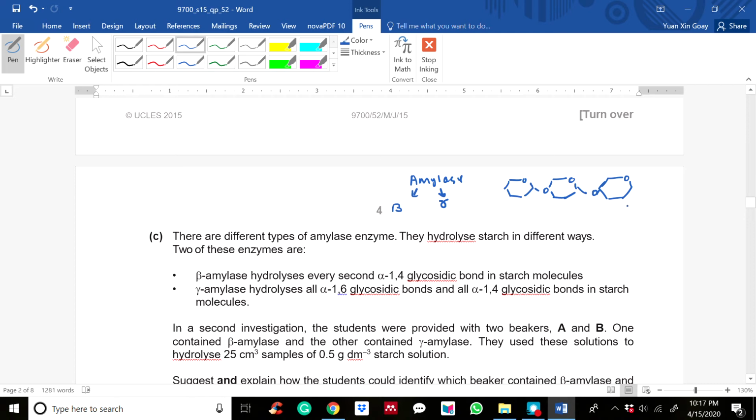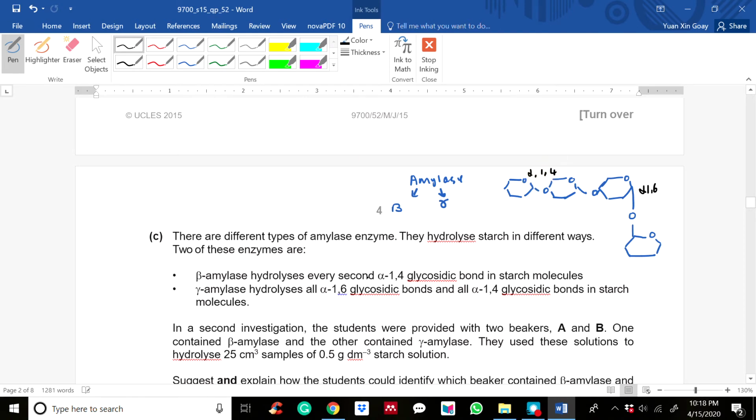But they also can join by alpha-1,6 glycosidic bonding, as such is branched molecules. So this is the alpha-1,6. Between these, this is the alpha-1,4 glycosidic bonding.